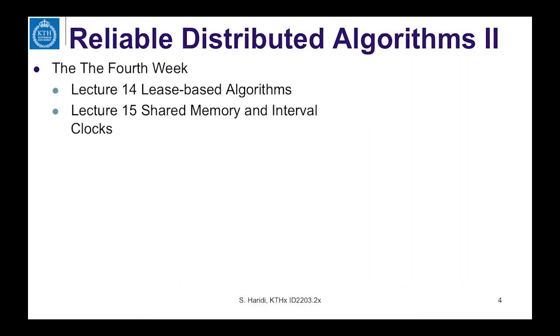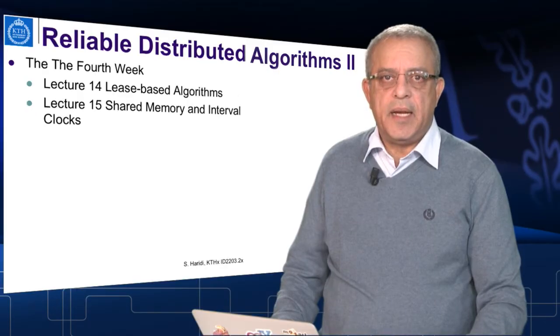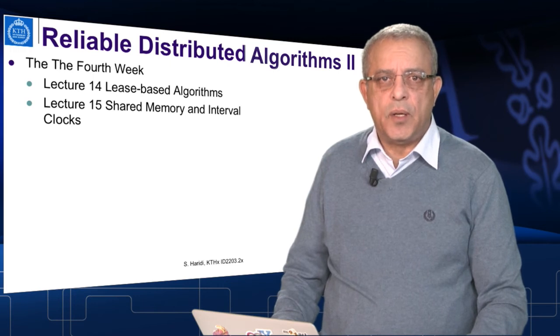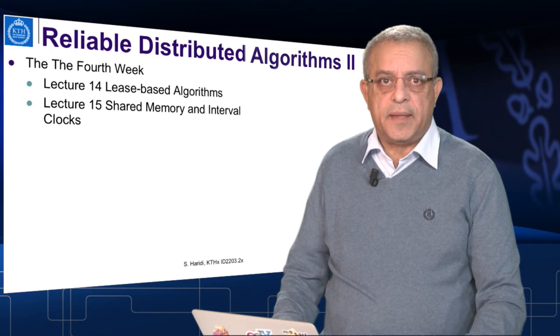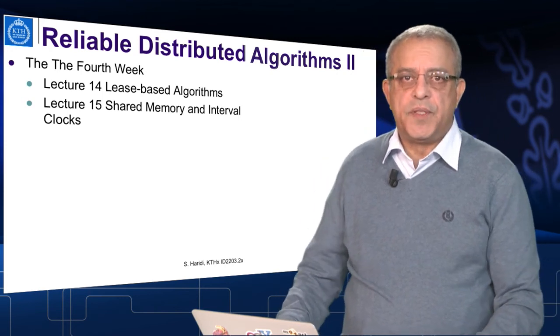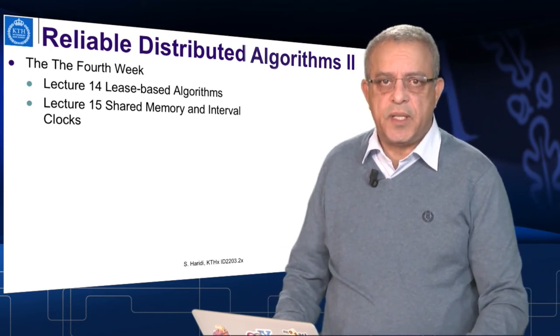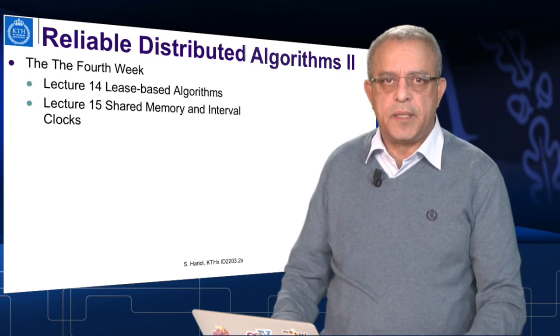We have two lectures. In Lecture 14, we cover a lease-based leader election algorithm that uses local physical clocks. We show that this algorithm improves the efficiency of certain operations in replicated state machines.